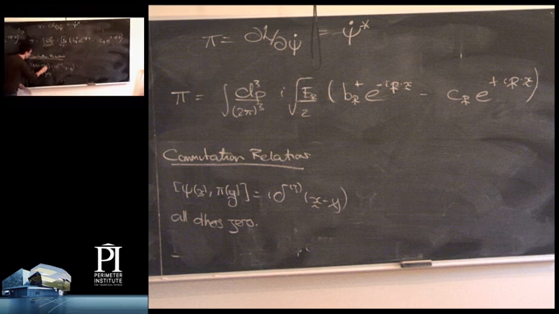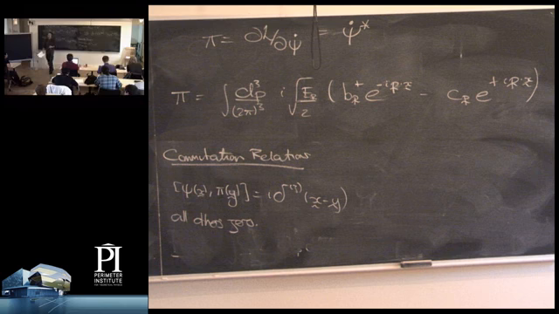Sorry, there should be a y there. Everything else is vanishing. In particular, psi commutes with pi dagger.